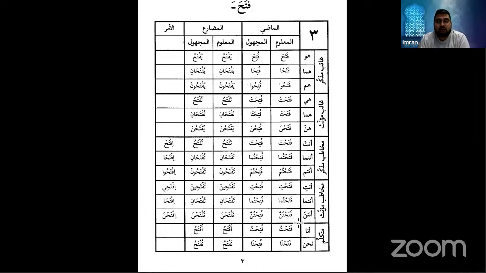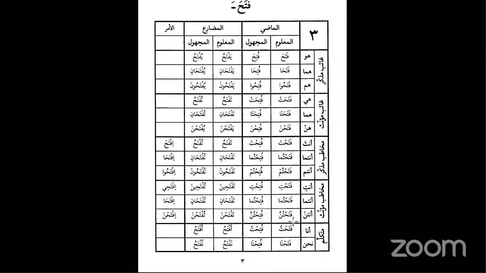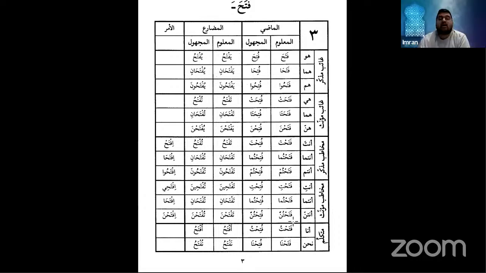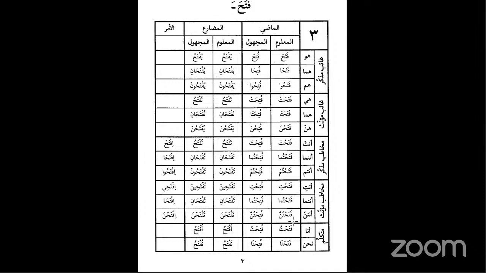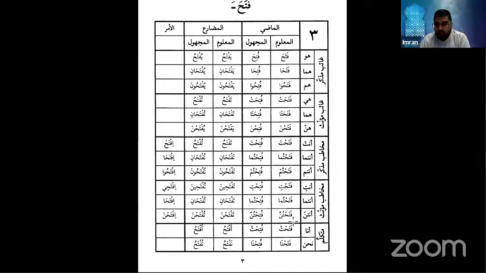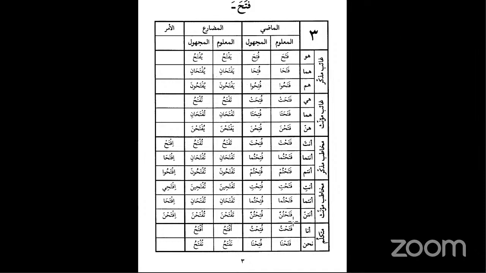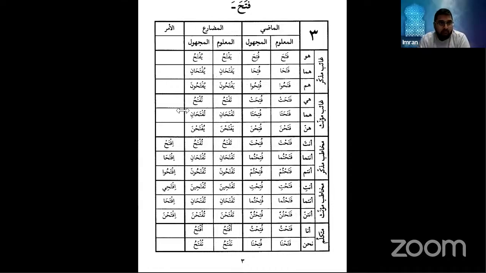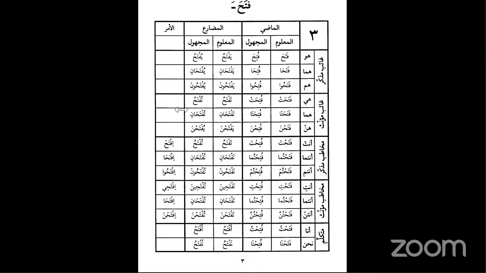Antunna fatahtunna means you all females opened. Ana fatahtu is I opened. Nahnu fatahna is we opened. Excellent. So now, Sheikh, how do you remember all these things?